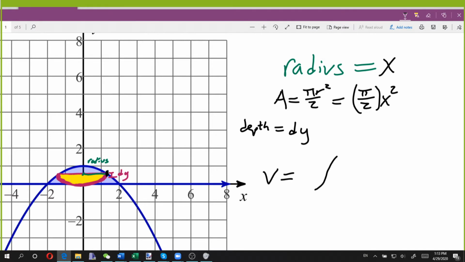I should integrate x squared dy. Okay, x squared dy. I need to integrate my area times dy though, so I do have a constant out here. Well, that's pi over 2. Pi over 2, perfect. And then what's my starting y value and what's my ending y value then, since I'm integrating in terms of y?